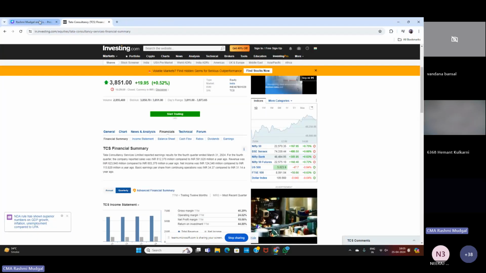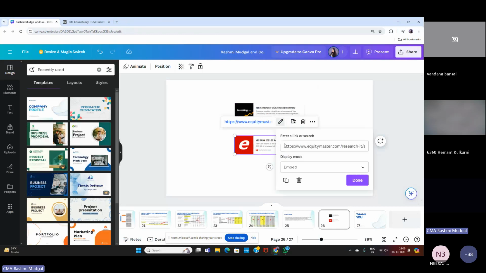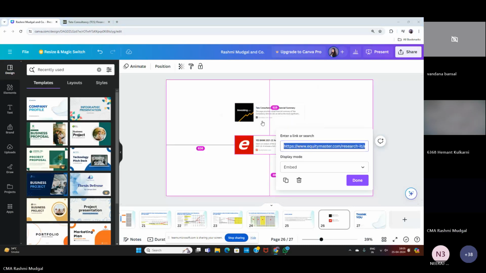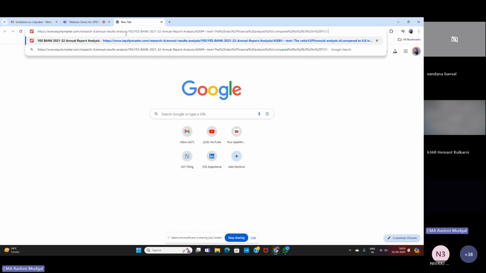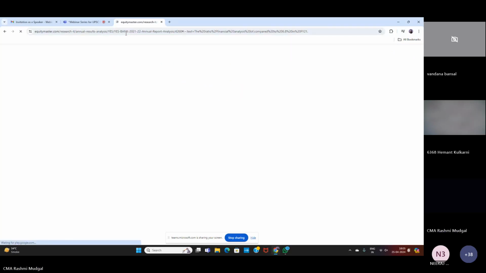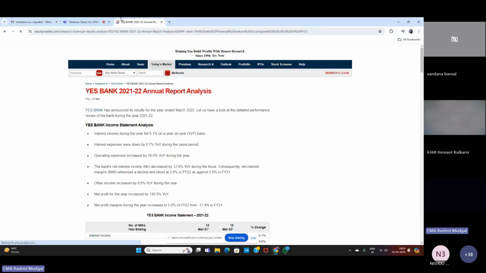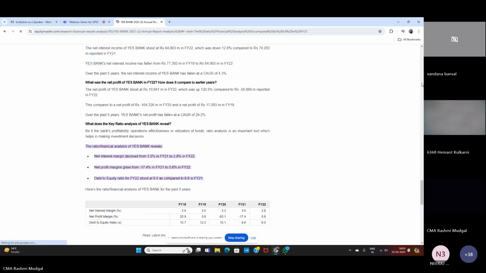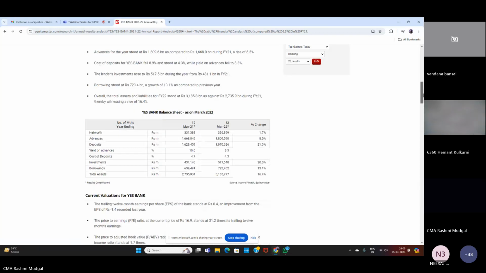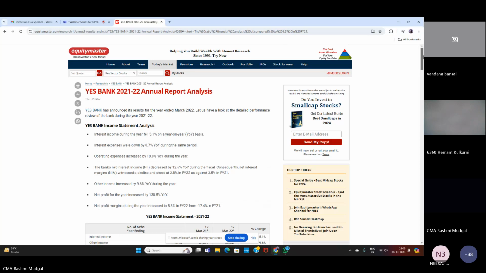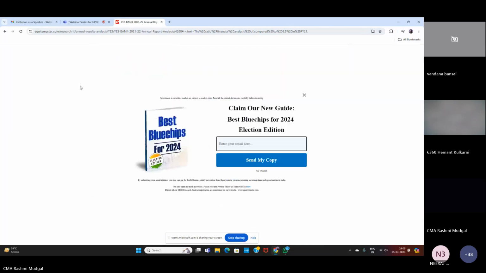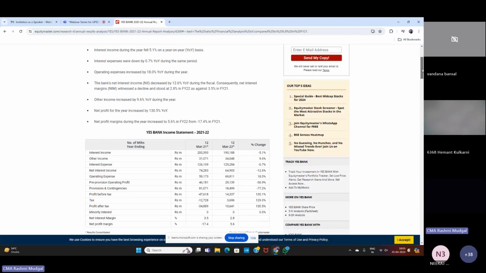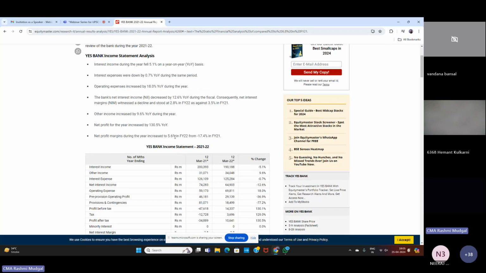On the other hand, if I go to the second one, which is Yes Bank, now we can see the Yes Bank data. Okay, we can see here that net profit margin increased by 5.6%.